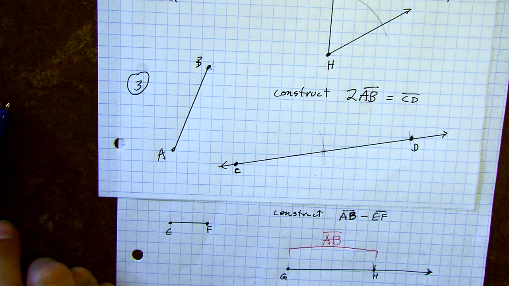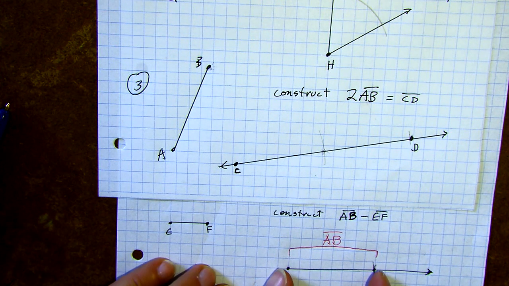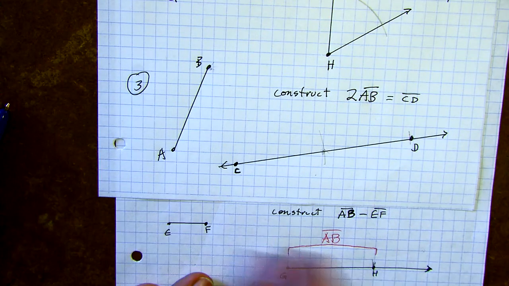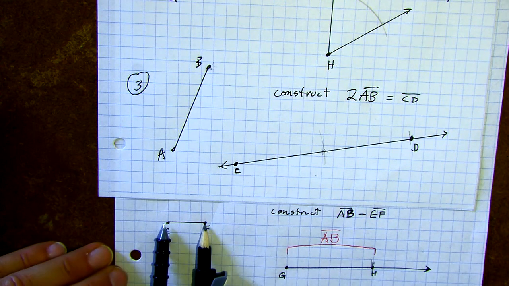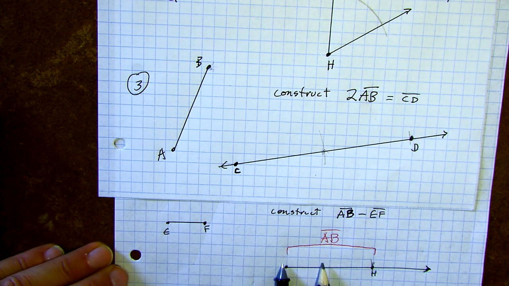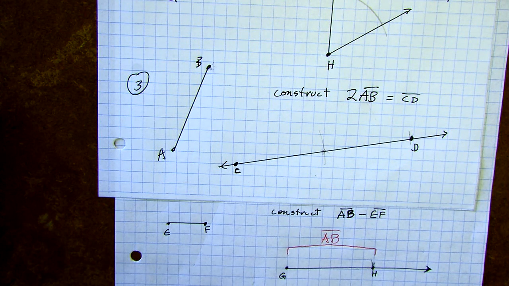So here's how much rope we bought. We need to subtract out EF. So we have to put EF in between G and H. We have to figure out where it is. And my thought is we just move this distance, EF, from one of the points, either G or H, in, and then we could say that little segment is equal to EF.